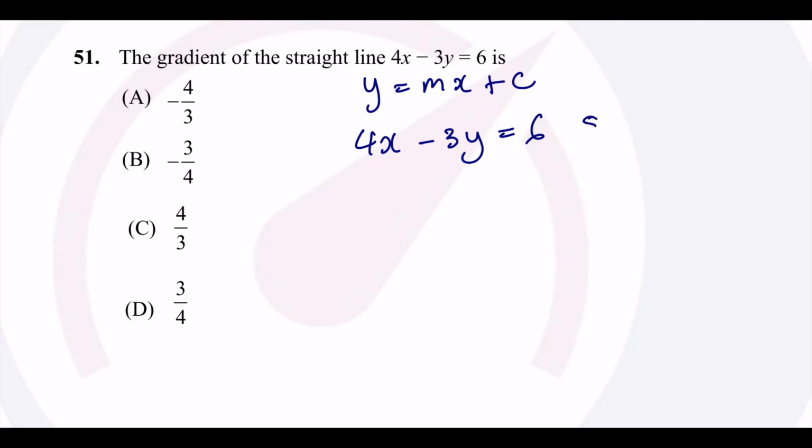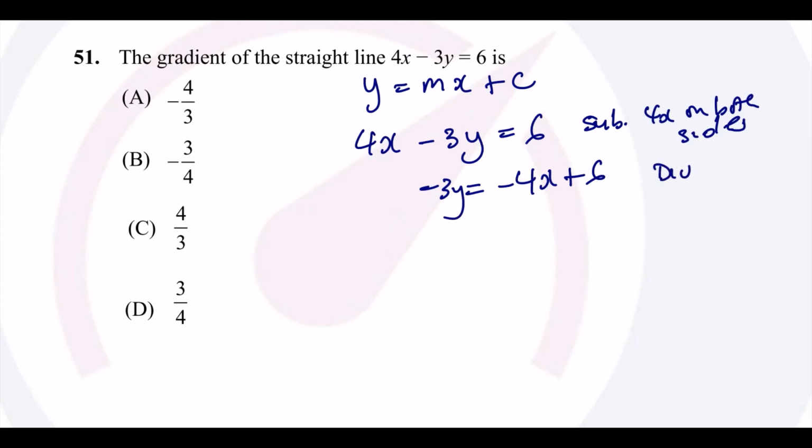So we have minus 3y equals minus 4x plus 6. And then we're going to divide both sides by negative 3.